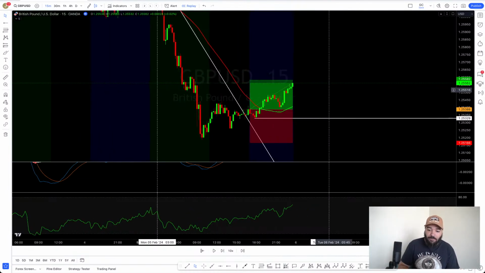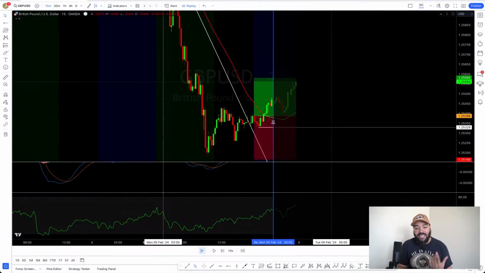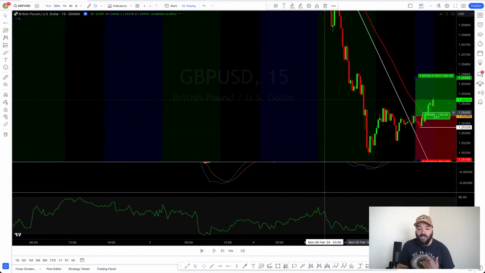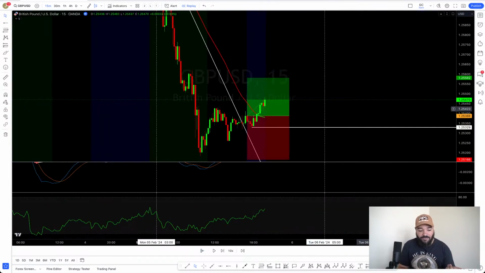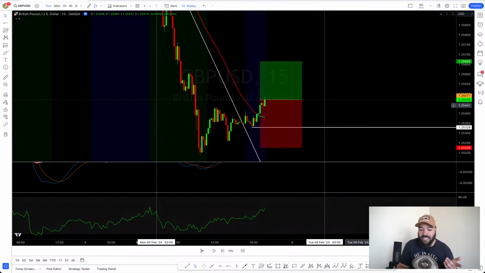Now, for an example, let me just be clear. Look at this. If the candle shot out this far, like in one candle, I wouldn't have taken an entry right here. I would not have taken an entry right there.